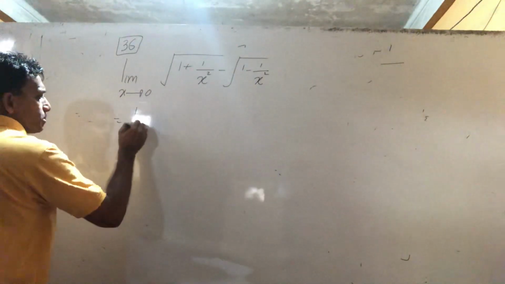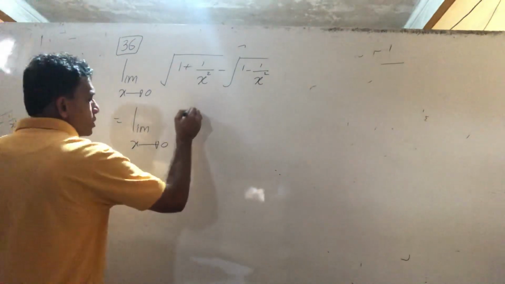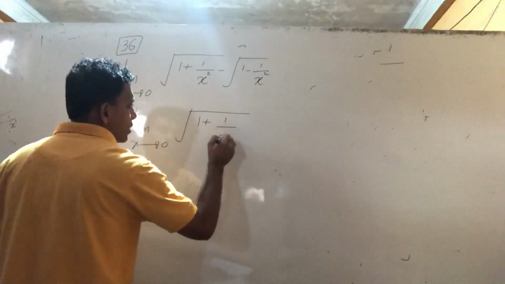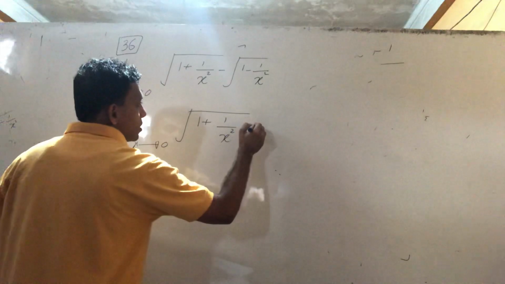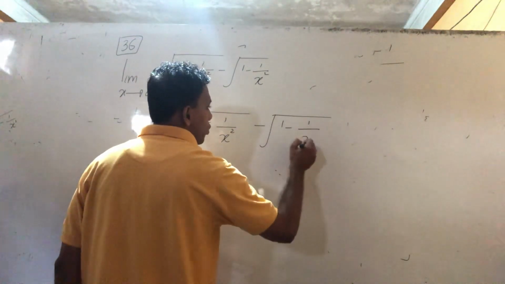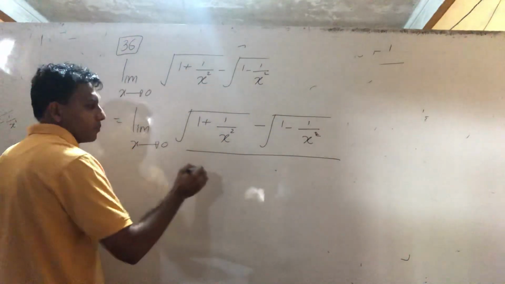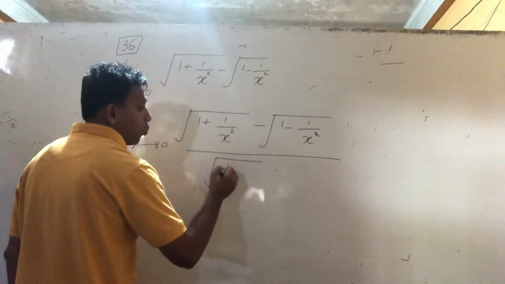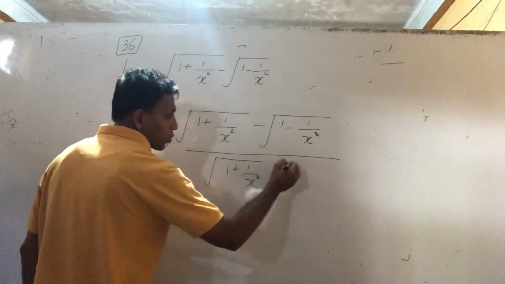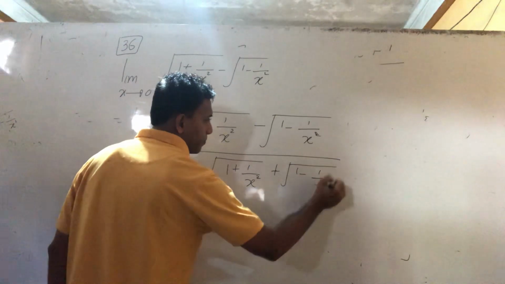So limit x approaches 0, of square root 1 plus 1 over x square minus square root 1 minus 1 over x square, over square root 1 plus 1 over x square plus square root 1 minus 1 over x square.